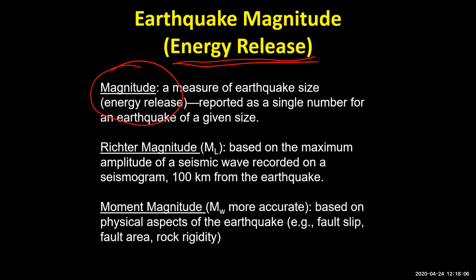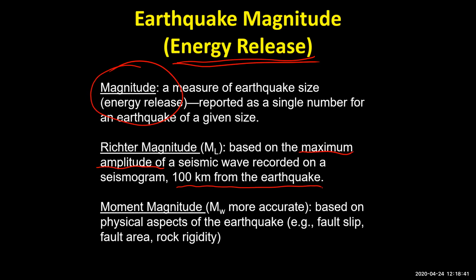Historically, the first magnitude scale ever invented was the so-called Richter scale, which you've probably heard of. This was developed by a seismologist at Caltech here in Southern California by the name of Charles Richter. And Richter based his magnitude scale on the maximum amplitude of a seismic wave recorded at a distance of exactly 100 kilometers away from the earthquake. Now, we won't go into the details about how he actually did that.